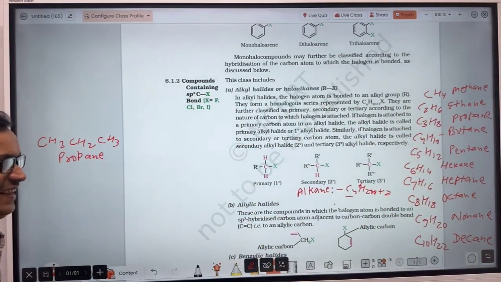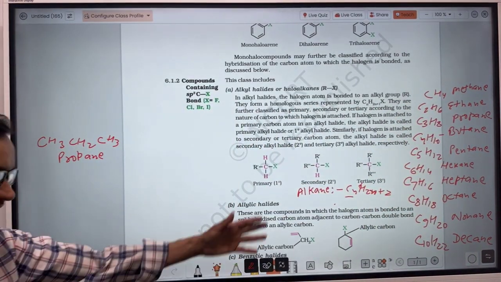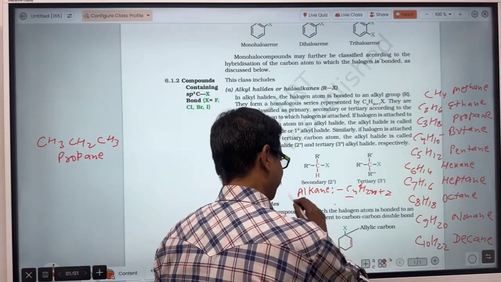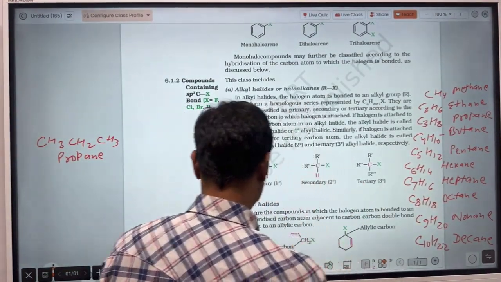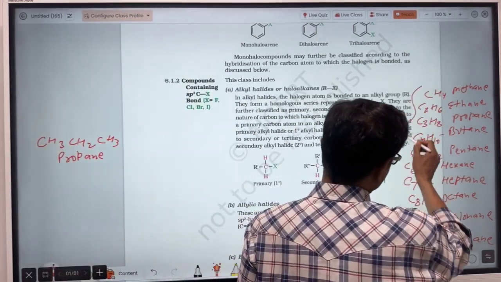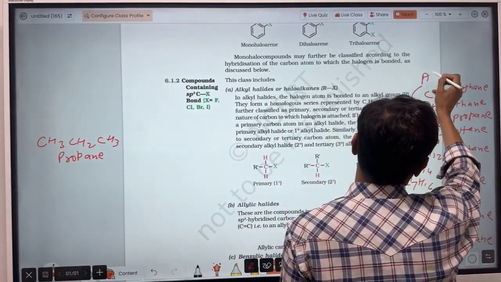You will have to mug up here, and there is no way apart from mugging this information. So now let's see. This one is called alkane.